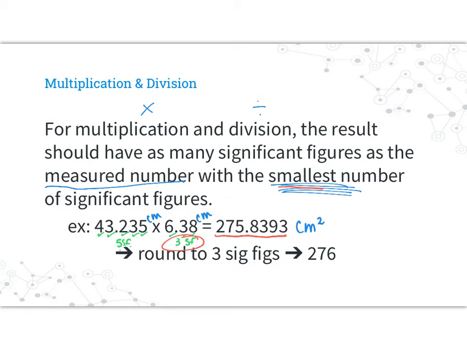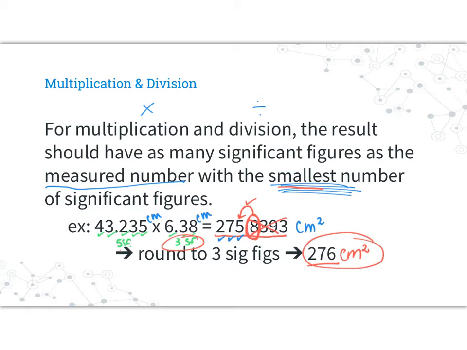So that's what we need to round our final answer to. So that means I need to keep the first 3 numbers. Those are the most important. That means I'm going to cut off all of these. The only thing I need to consider is, do I need to round based on the number just outside my significant figures? And yes, I do. So I'm going to round to 276, and that would be centimeters squared for my final answer. Just circle your final answer so it's nice and easy for me to find.